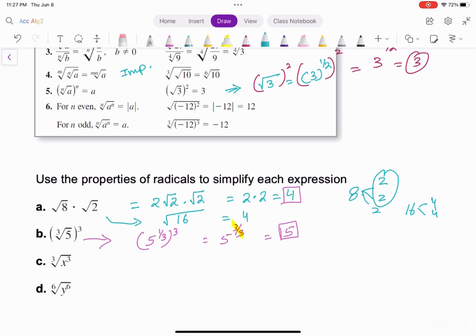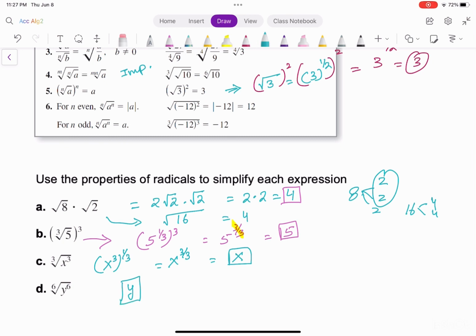Let's talk about C. So x to the power of 3, to the power of 1/3, because we are converting the radical into a fractional exponent. And that will also be x, because the index and the power are the same. And the same thing goes with D as well.